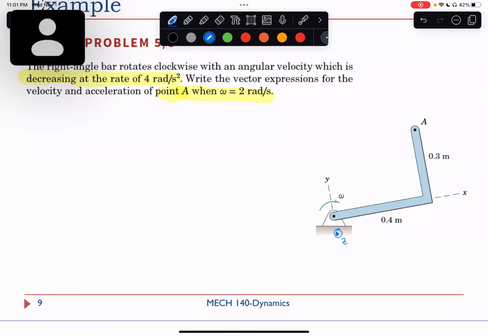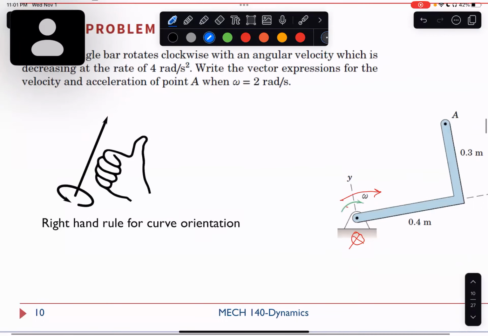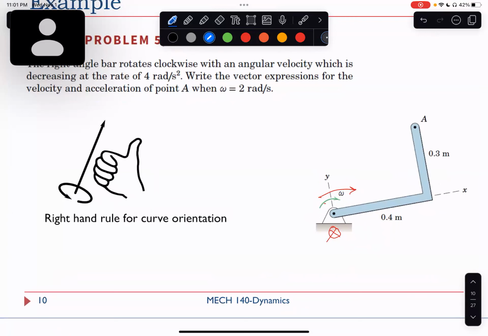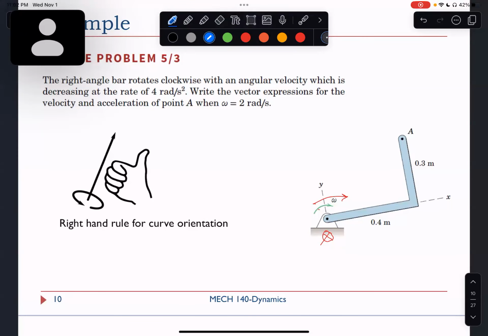How about omega? So if you remember the right hand rule for curve orientation, if you curl your fingers in the direction of this omega, then the vector orientation of omega will be along your thumb, right? So what would that be here?